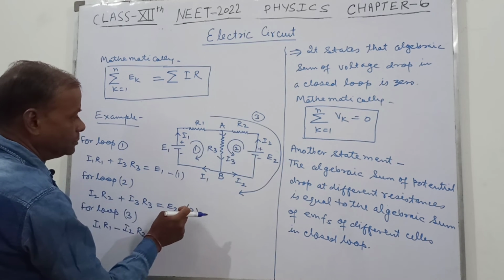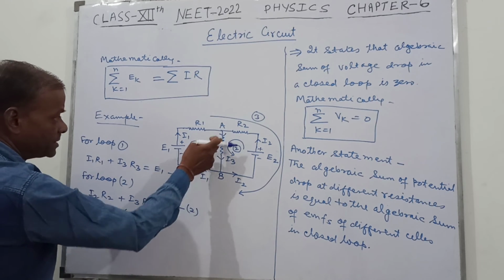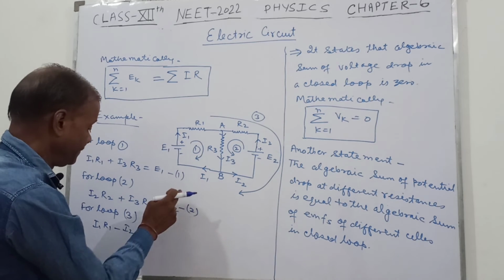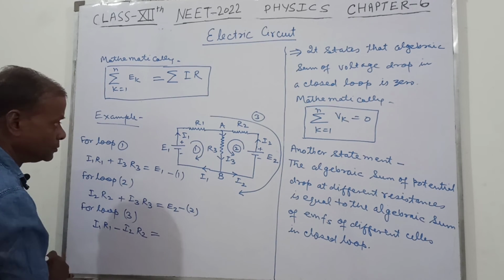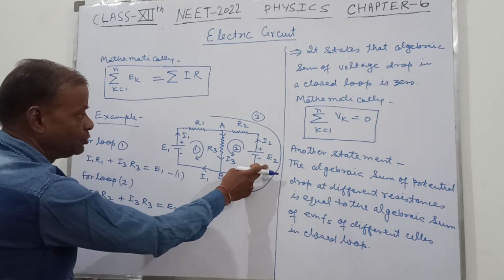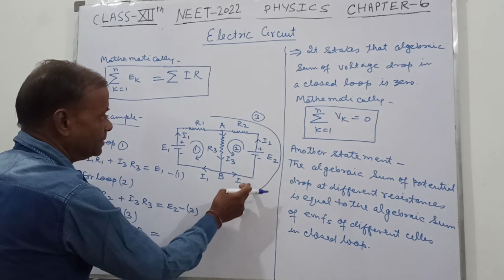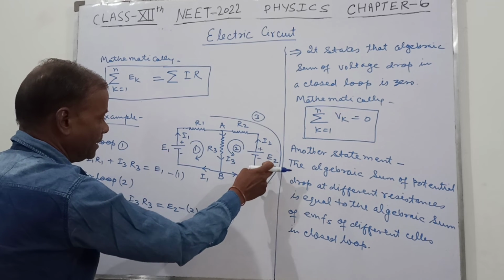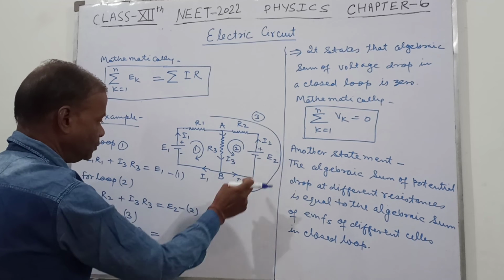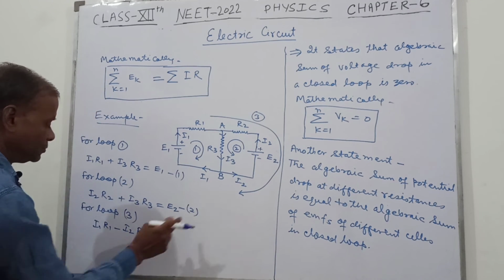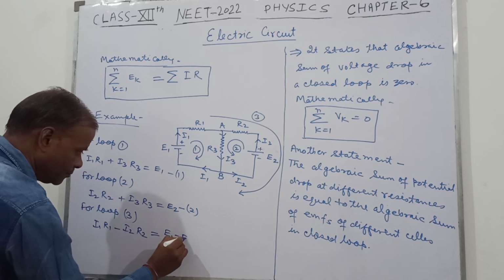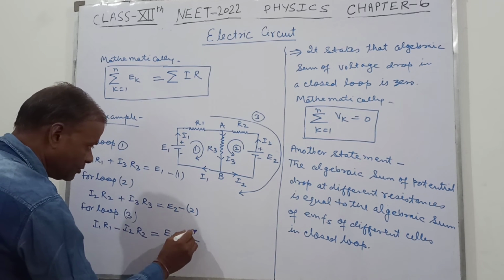Then we are coming here. This resistance will not be taken because we are taking the outside only. And this is equal to E1, which is positive, and E2 is negative because this current I2 is opposite to this direction. So this is E1 minus E2. This is now number 3.